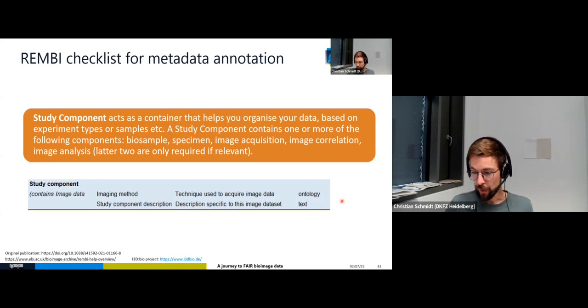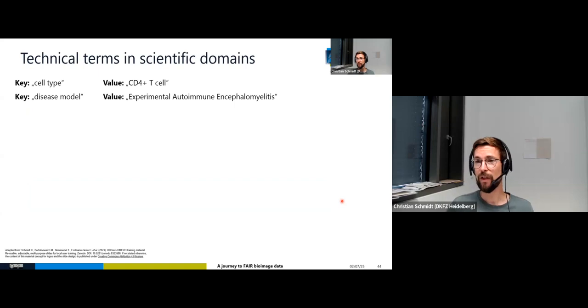So what does it mean and why would I use that? And for that, I'm giving you an example from the field I've been working in. Say I have annotated my data nicely with key value pairs, and I've worked with CD4 T cells in my work. So I say here, that's a cell type, it's CD4 positive T cells, and I'm working on a disease model called experimental autoimmune encephalomyelitis.